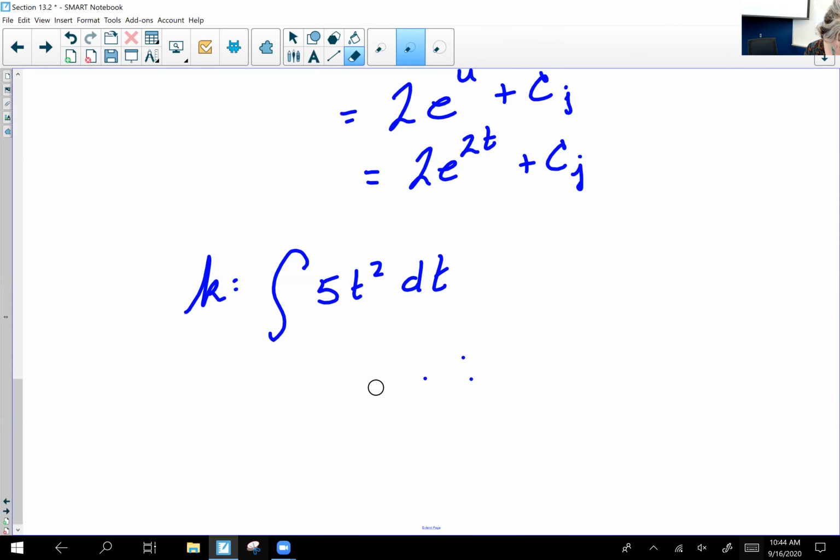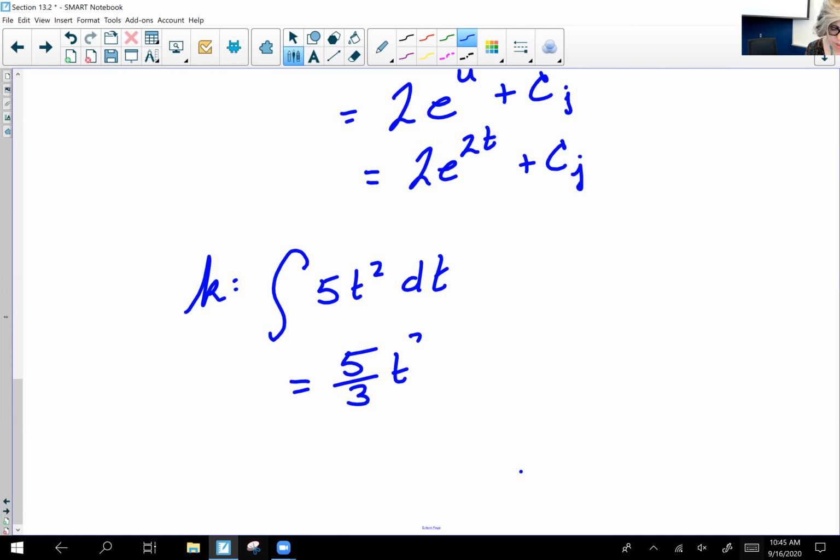This one is strictly a power rule, so we don't need to fuss too much about this one. So this is then going to end up being 5/3 t cubed plus c sub k. All right, and the reason I'm putting those subscripts on there is because I don't want you to assume it's all the same c.